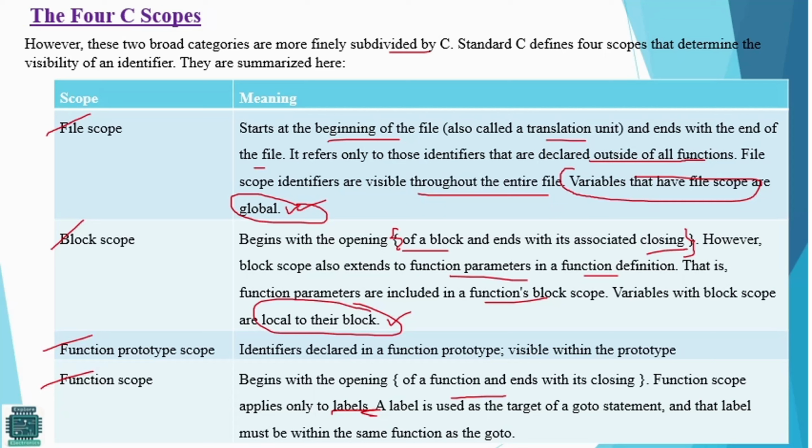Function scope applies only to labels. Okay, make a note here. A label is used as the target of a goto statement, and that label must be within the same function as the goto. This is all about the four C scopes.